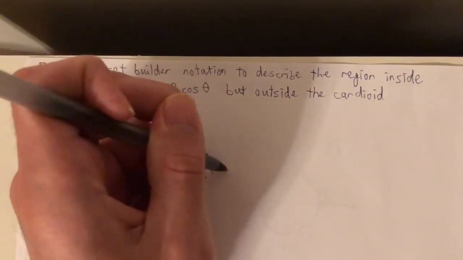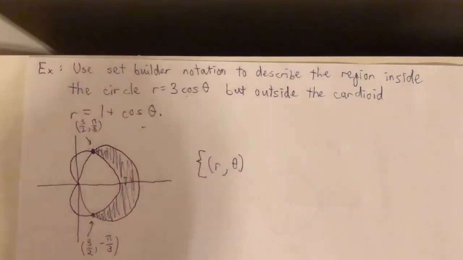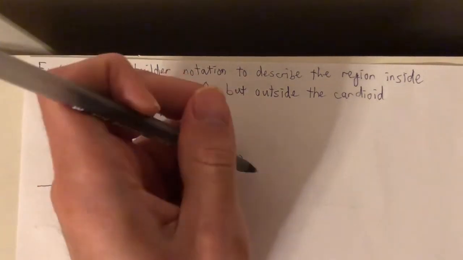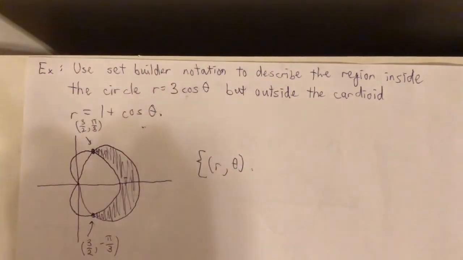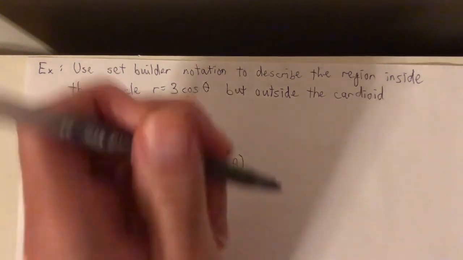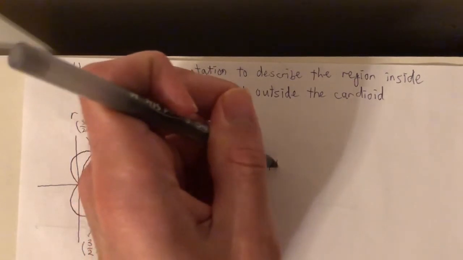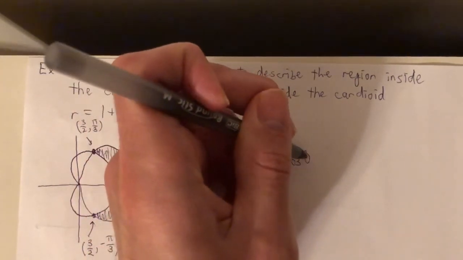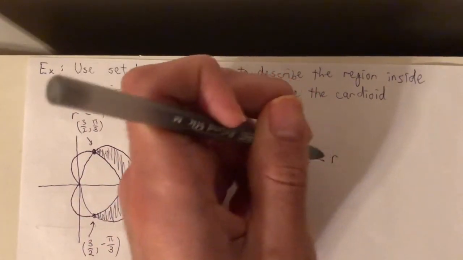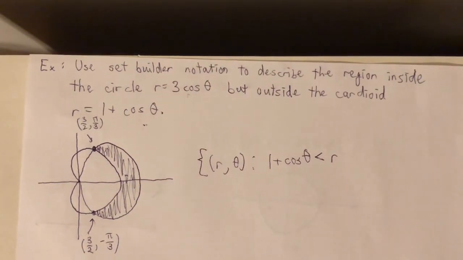So what I would have to do is, as always, I start with r comma theta, and I'm going to say, well, if I want to be farther from the pole than the cardioid, then that means that 1 plus cosine theta is going to be less than my r value, right?